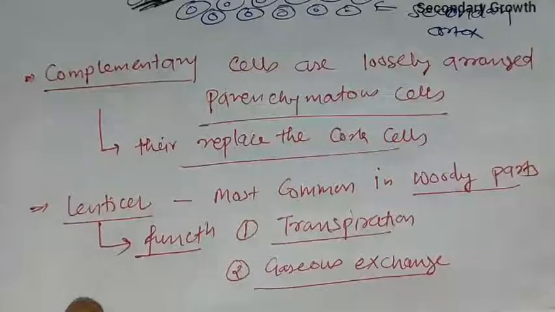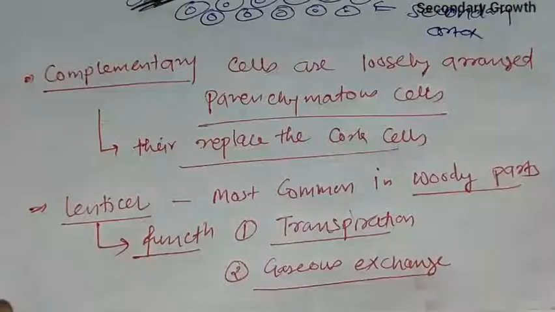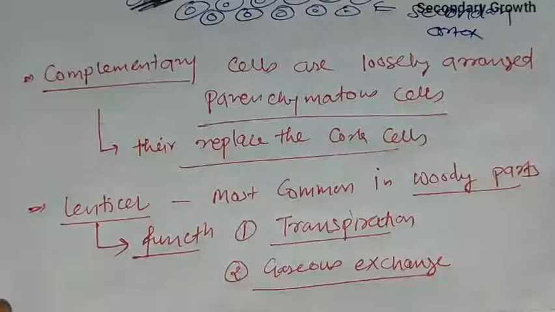Then we talk about these three activities in case of dicot root. Okay, and after studying dicot root we will talk about different types of wood. So next is secondary growth in case of dicot root.